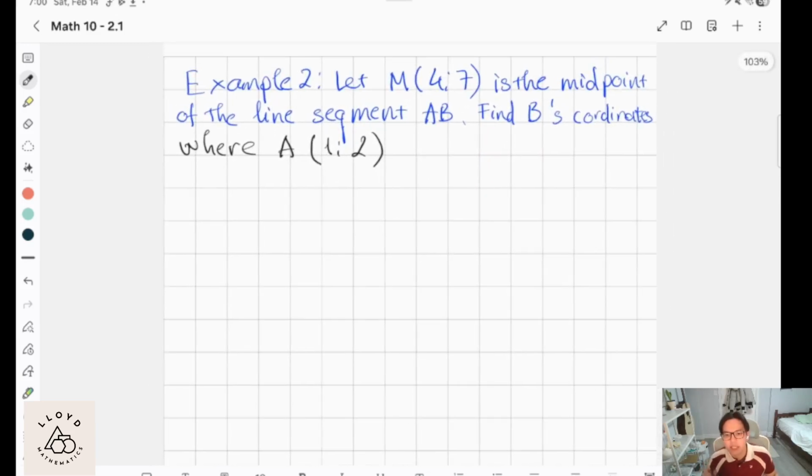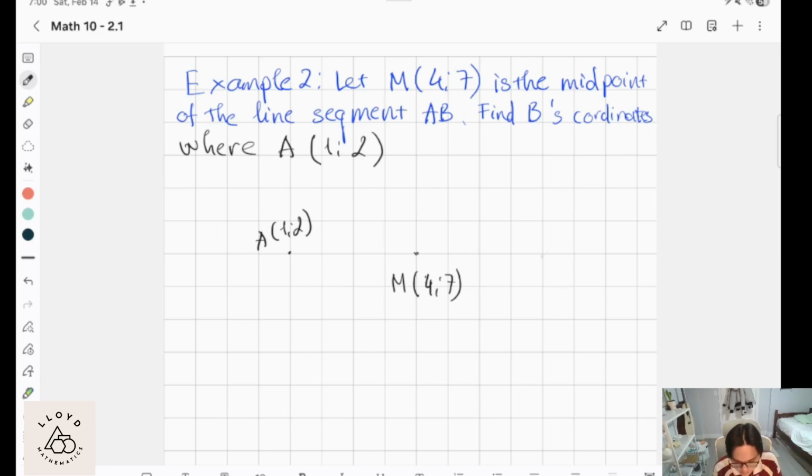We need to find the coordinates of B where A has the coordinates 1 and 2, right? So I just put it here, A is 1 and 2, and M here is 4 and 7.